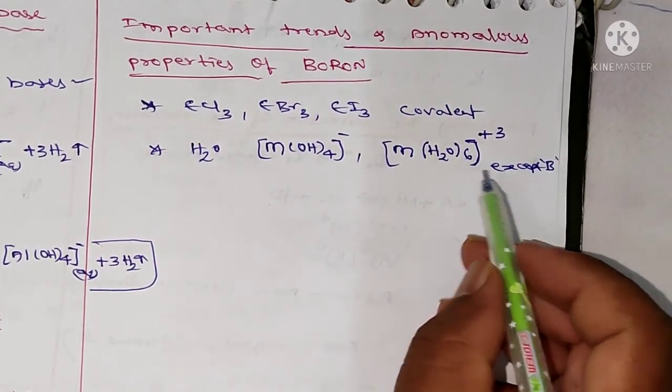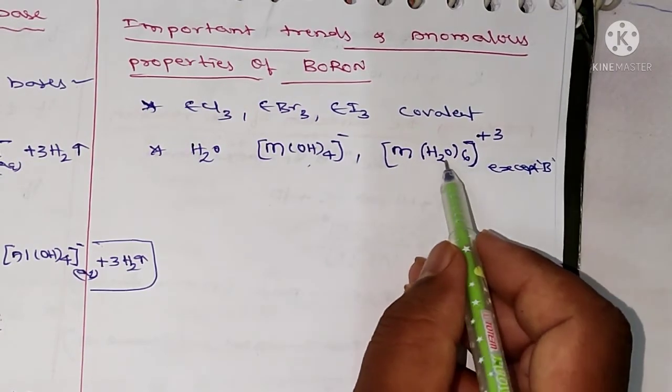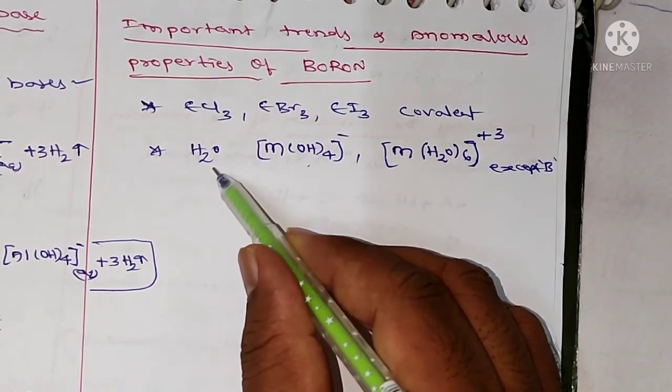Except boron, all the 13th group elements can form tetrahedral and octahedral complexes with water.